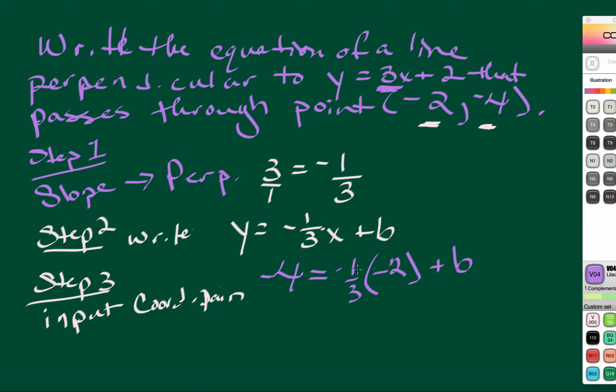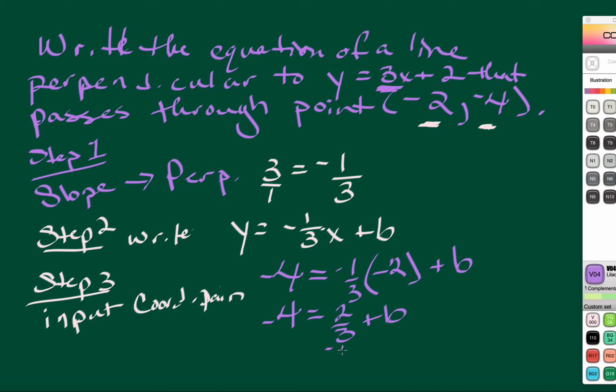So negative 4 equals negative 1/3 times negative 2, which is positive 2/3, plus b.